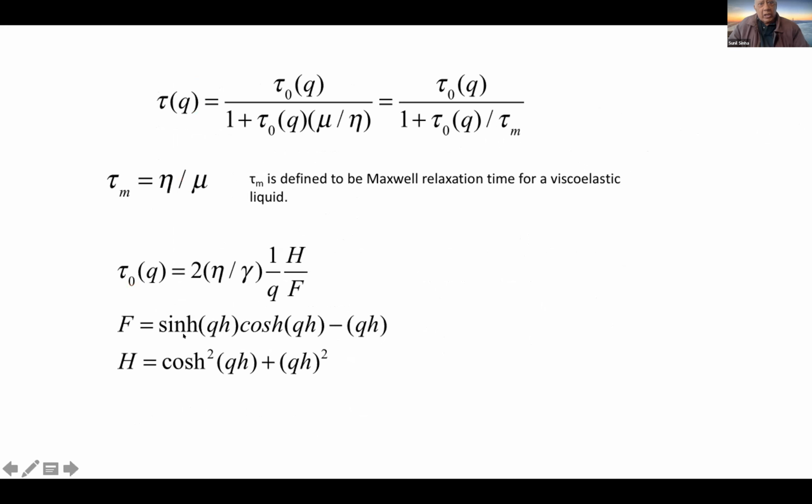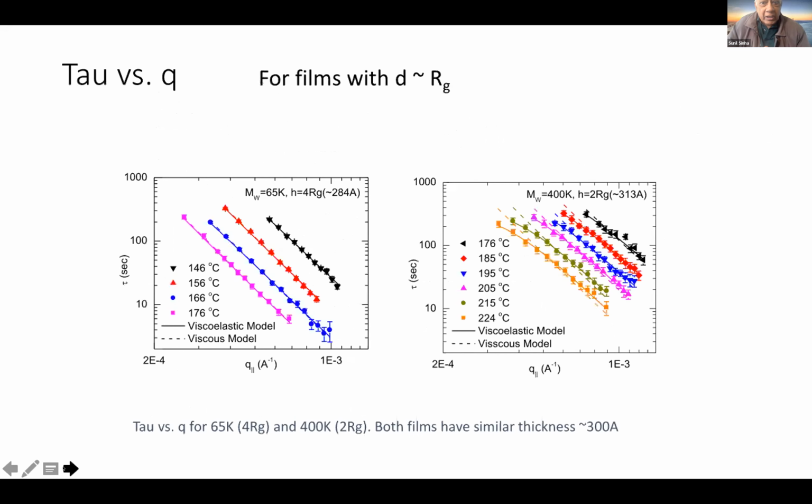So this is a viscoelastic model, and one could show that for two films of basically the same thickness but different molecular weights, so that the thickness was 4 Rg in one case and 2 Rg in another, in the 4 Rg case the simple viscous model fitted beautifully, the one that I showed you before, involving just the viscosity and the surface tension.